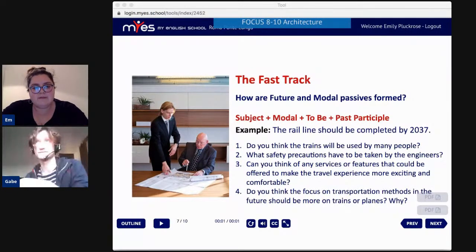Gabe, should we write the examples that we both just said? Yes, let's go for it. Should be. Which modal are you doing? I did should. Oh, you did should.